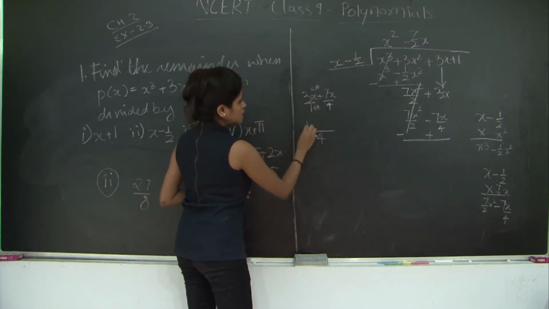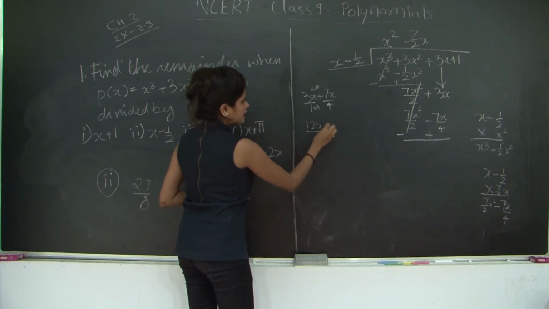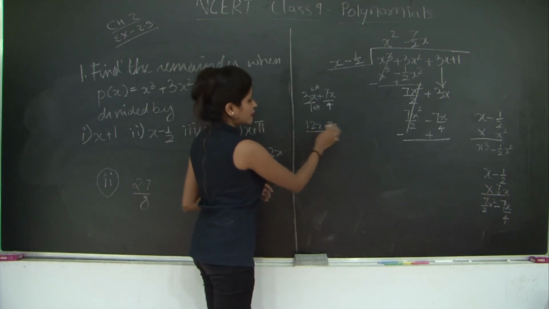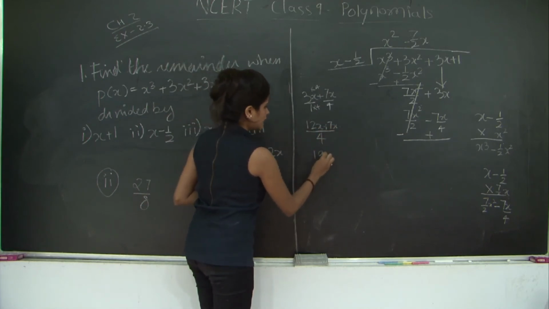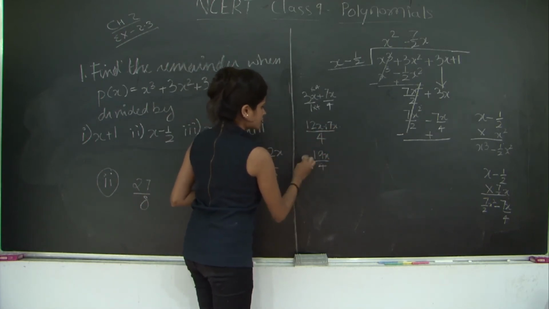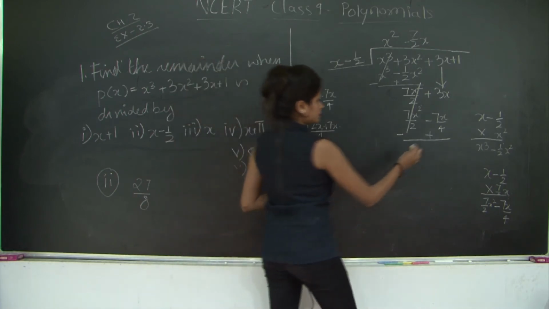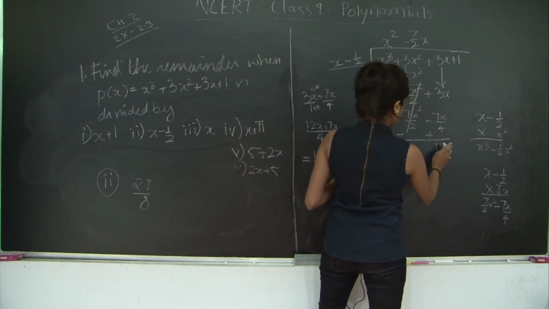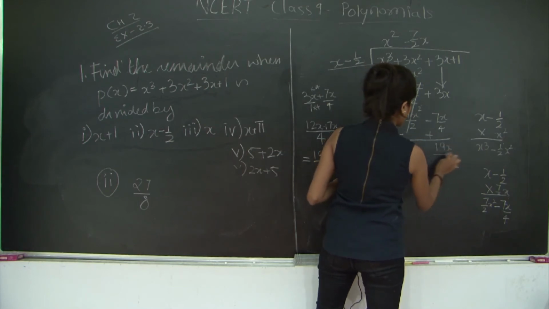So I get 3 4s are 12x plus 7x, right. 12 plus 7 is 19. So 19x upon 4, right.